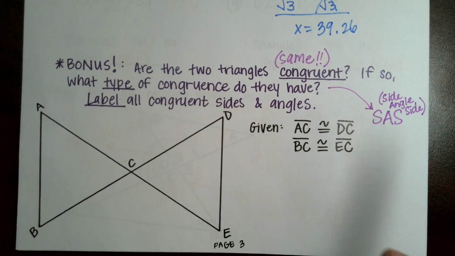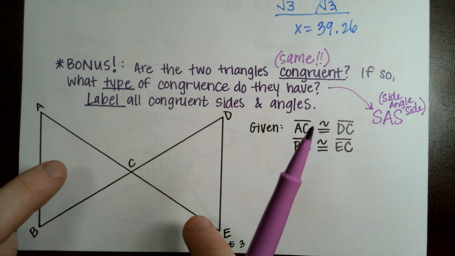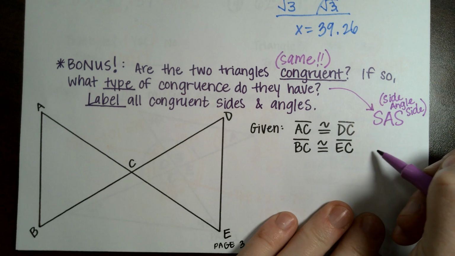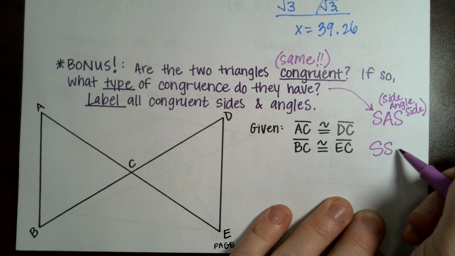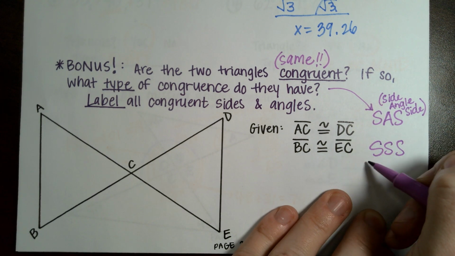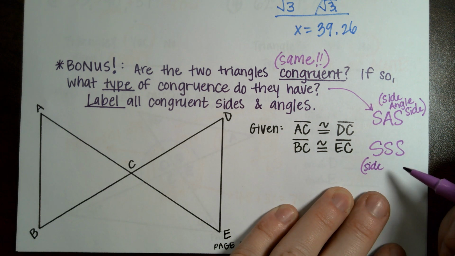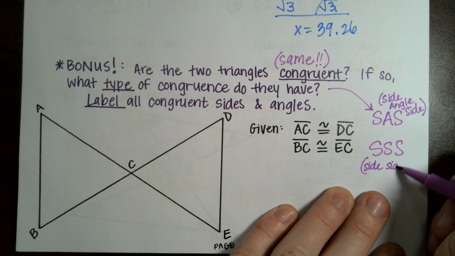And that's where you have an angle in between two sides, and those are congruent. Then there was SSS, side, side, side, meaning we have three congruent sides.